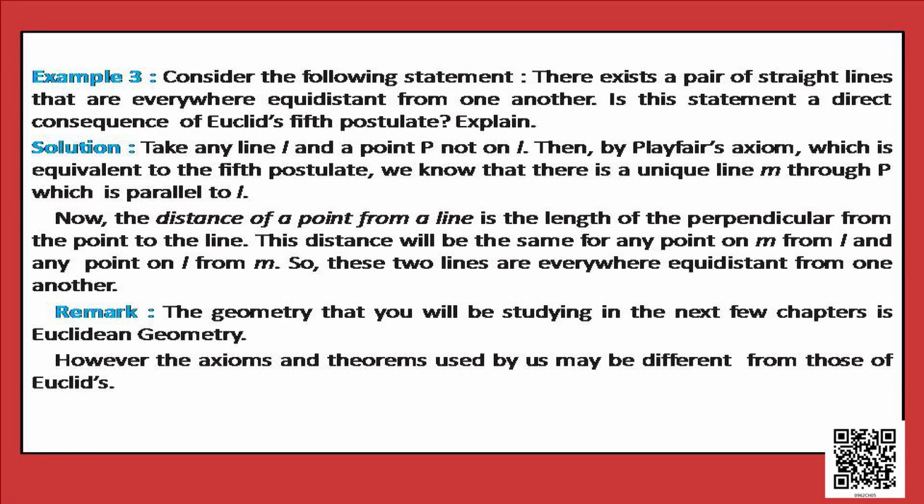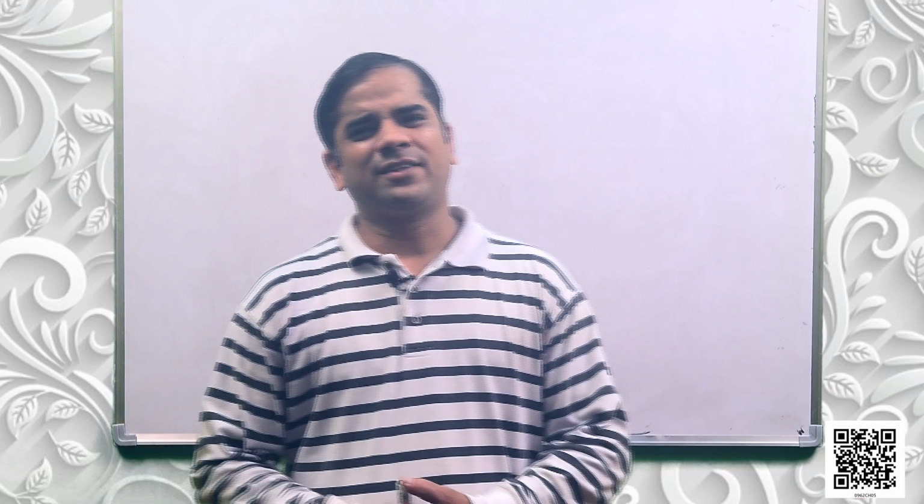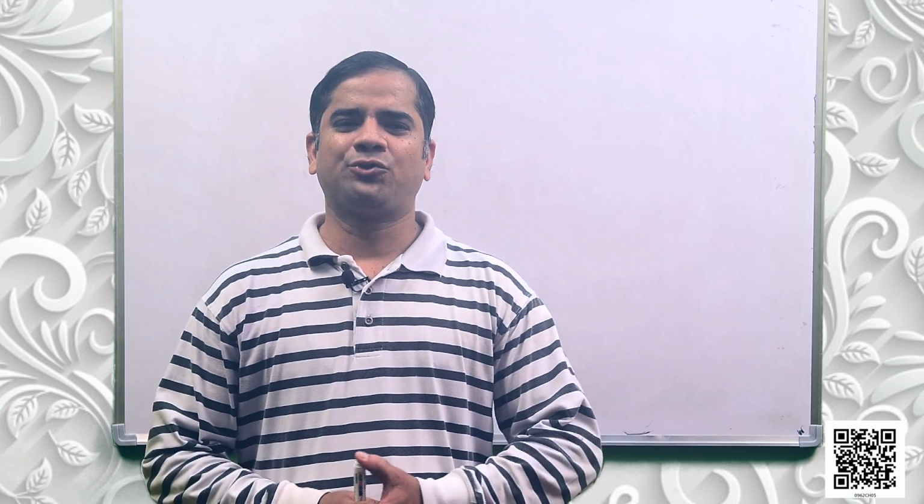So the geometry that you will be studying in the next few chapters is Euclidean geometry. However, the axioms and theorems used by us may be different from those of Euclid. Students, let us recall postulate 5.